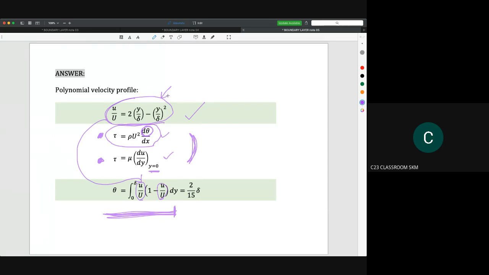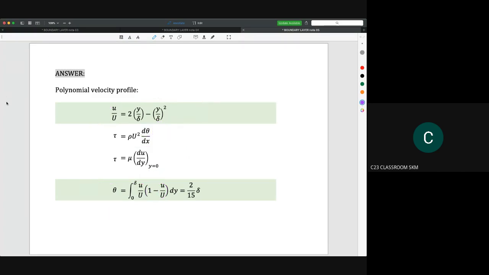If the question gives you a velocity profile with power of 4, then you substitute the given velocity profile. Everybody knows how to do this, so I skip the solution. We know that theta for the second order polynomial is equal to 2 over 15 delta.